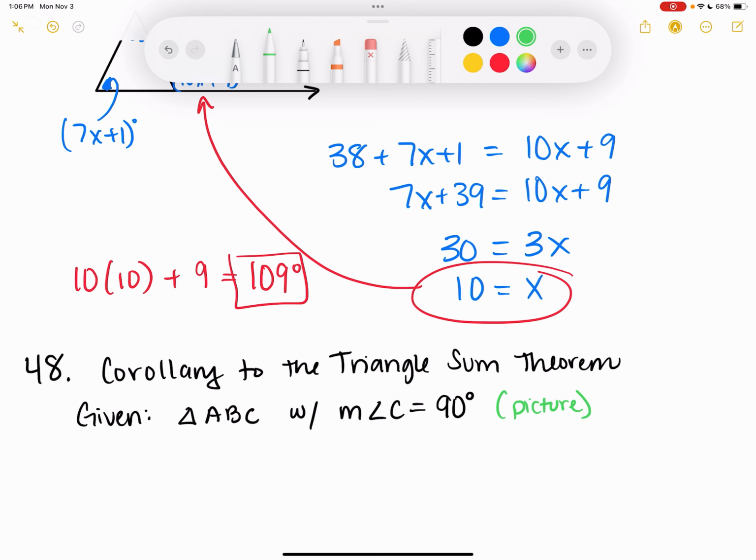And we're trying to prove that the measure of angle A plus the measure of angle B is equal to 90 degrees.